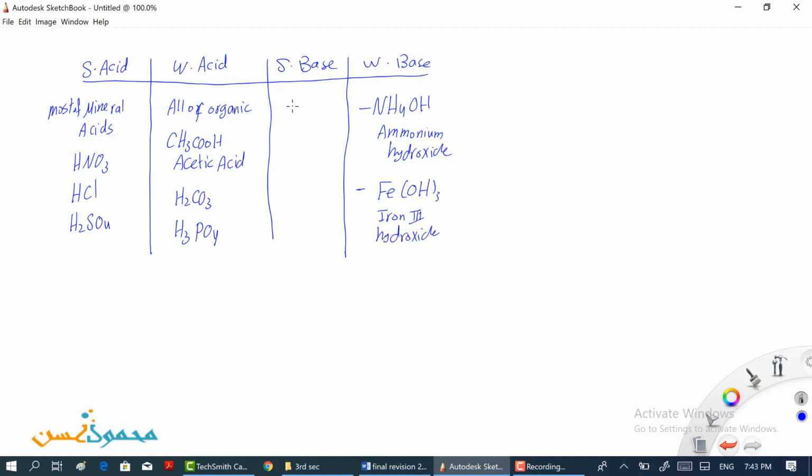Most of the bases are strong, like sodium hydroxide, potassium hydroxide, and calcium hydroxide.